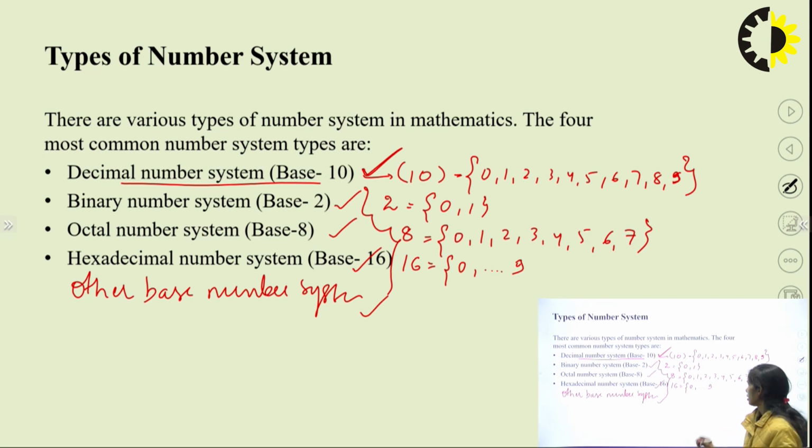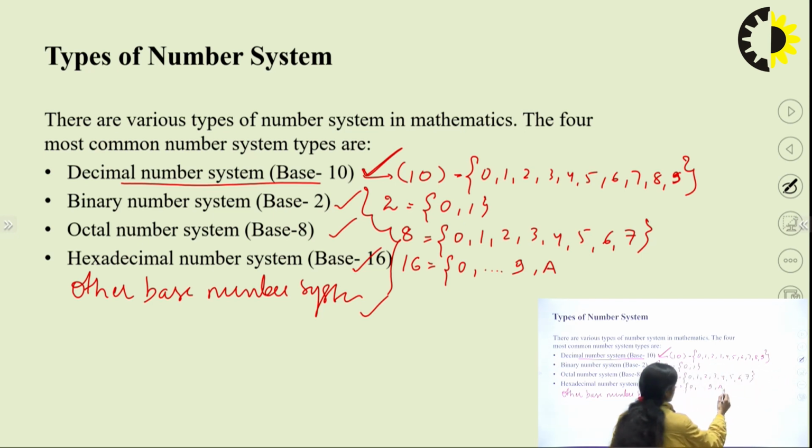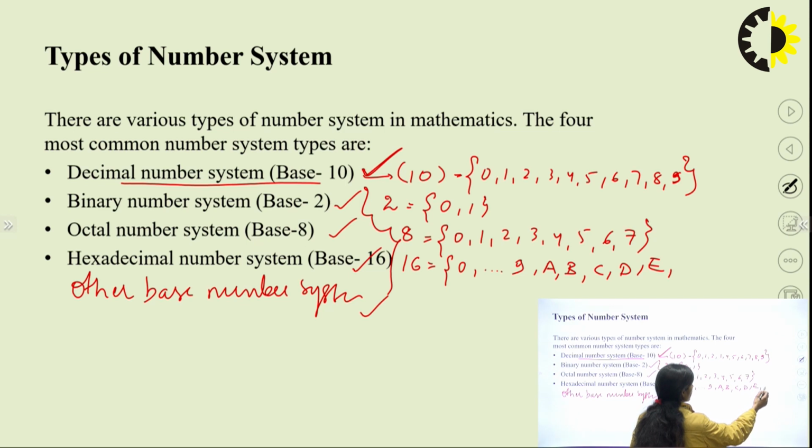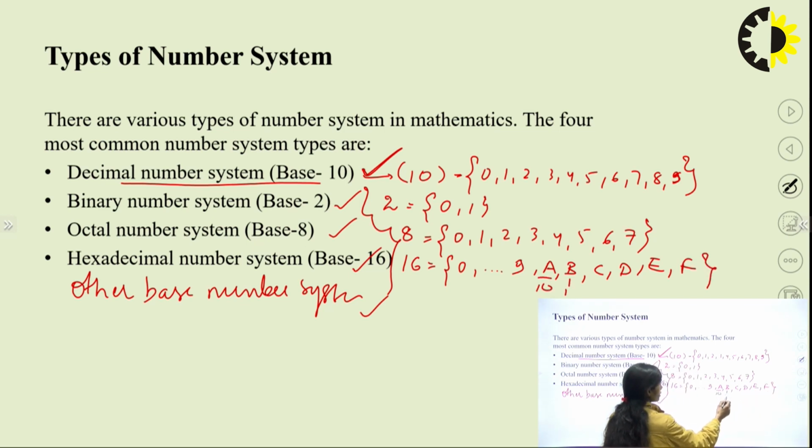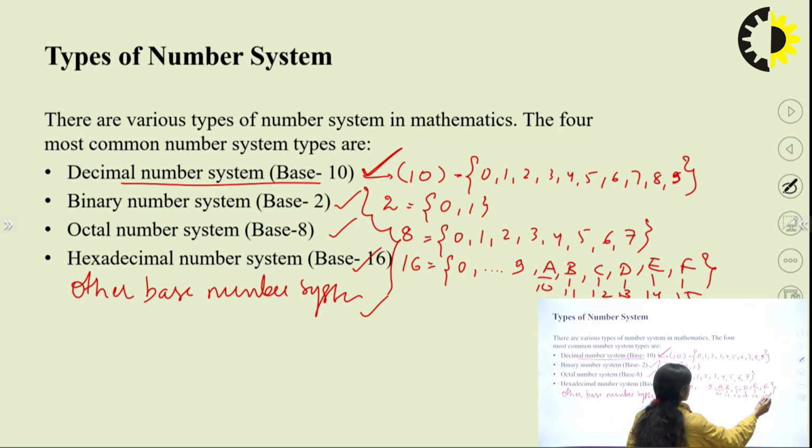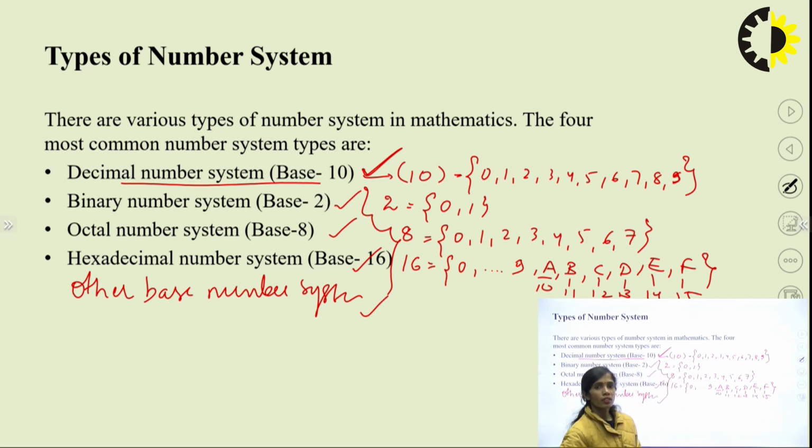After this, 10 to 15 are represented as alphabets: A, B, C, D, E and F. A is represented as 10, B as 11, C as 12, D as 13, E as 14 and then F as 15. So in this way, a hexadecimal number is a combination of numerical values and alphabets.